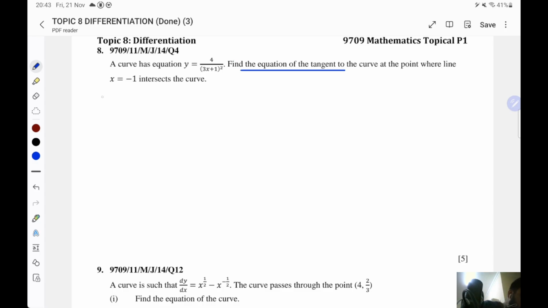So we need to find dy by dx to get the gradient at that point, x equals minus 1.